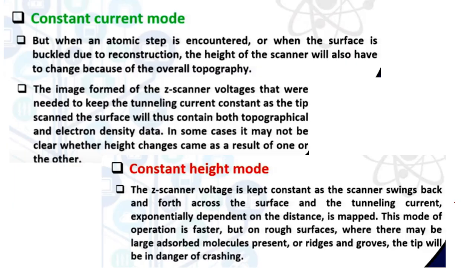So what is constant current mode? When an atomic step is encountered or when the surface is buckled due to reconstruction, the height of the scanner will also have to change because of the overall topography.